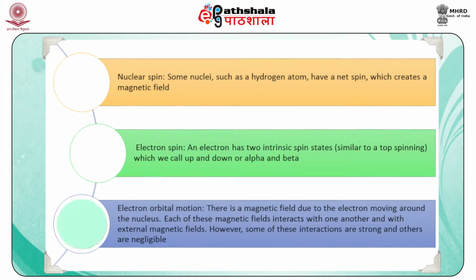Third, electron orbital motion. There is a magnetic field due to the electron moving around the nucleus. Each of these magnetic fields interacts with one another and with the external magnetic fields. However, some of these interactions are strong and others are negligible.